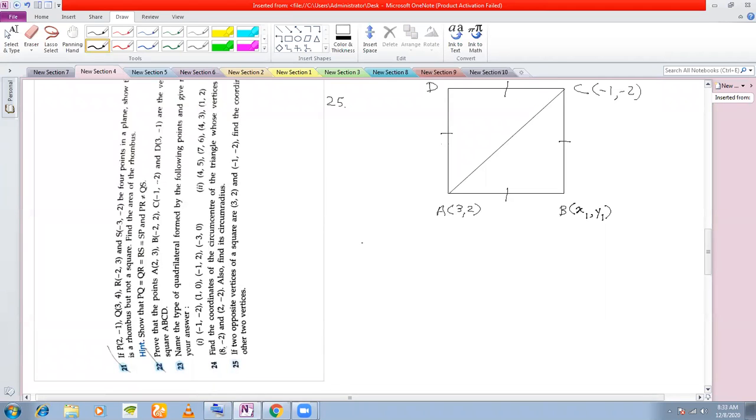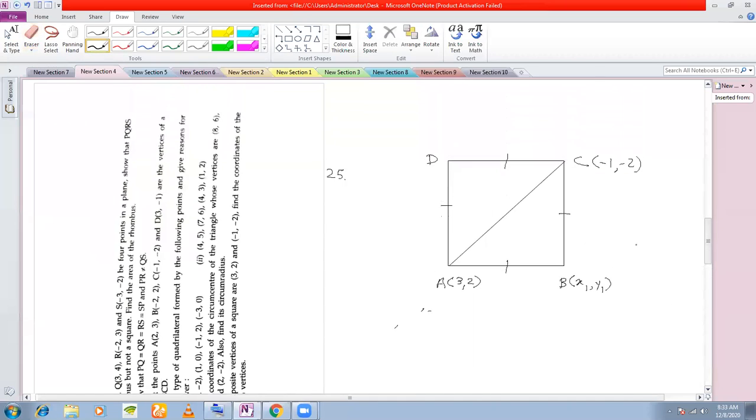So here A is 3 2 and B is x1 y1. Let's write it first. Let's say B is x1 y1 and let's say D is x2 y2. It's going to be a long problem.